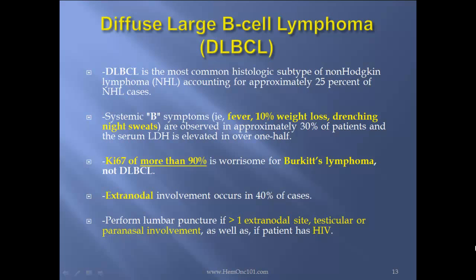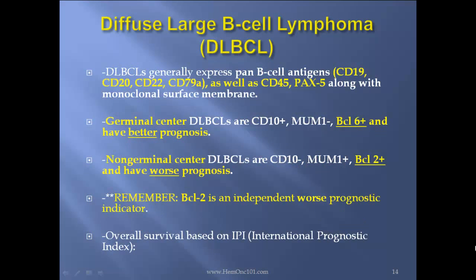Perform lumbar puncture if more than one extranodal site, testicular, or paranasal involvement, as well as if the patient is HIV positive. Diffuse large B-cells generally express pan-B-cell antigens CD19, 20, 22, 79, as well as CD45, PAX5, along with monoclonal surface membrane immunoglobulin.